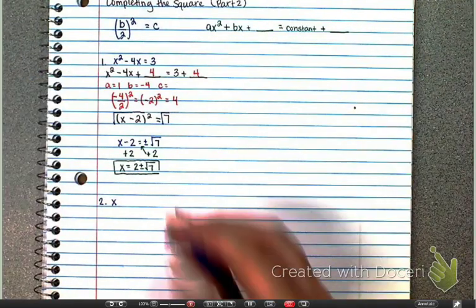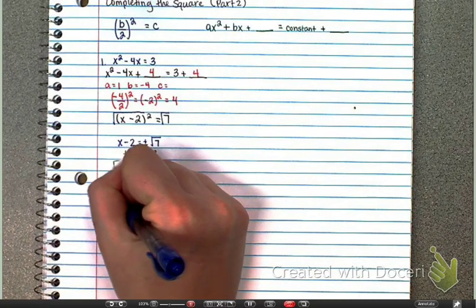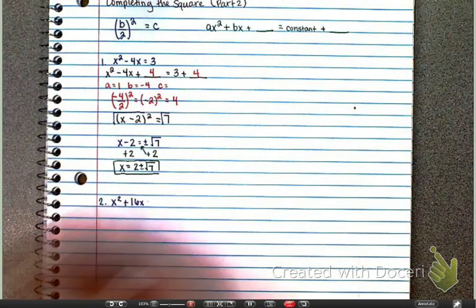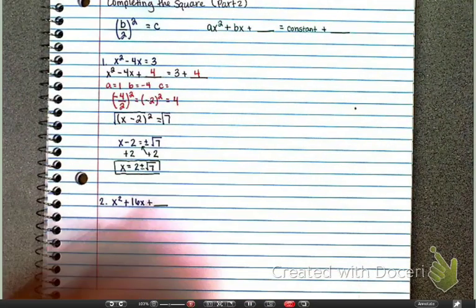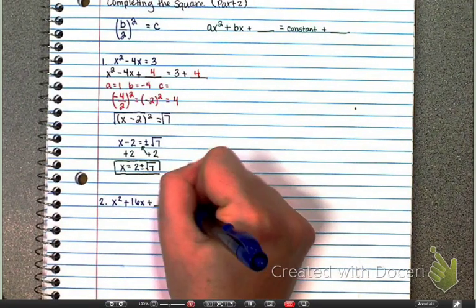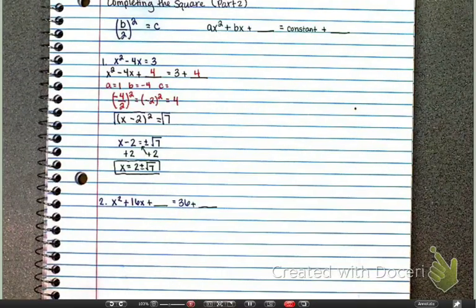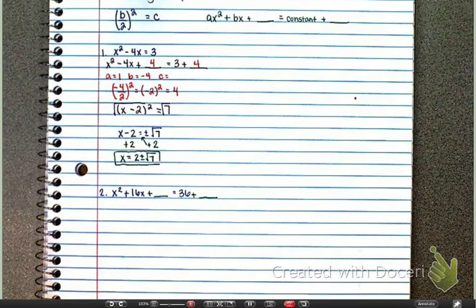But I don't want to have to rewrite it 15 times. So, x squared plus 16x, plus a blank, equals 36, plus another blank. Those blanks won't be there, but it's easy to write them in.